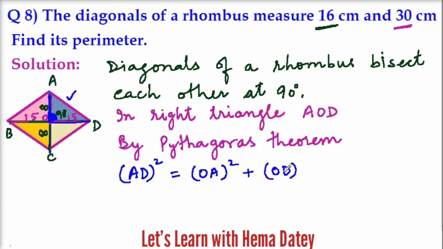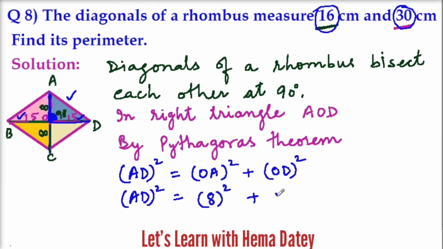Now put the values. AD we don't know. AD whole square equals OA is 8, because the diagonal was 16 and OA is half of this diagonal, which is 8 whole square, plus OD is half of BD, which is half of 30, meaning 15 whole square.